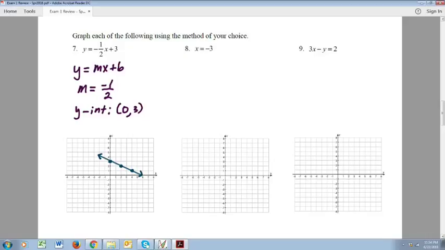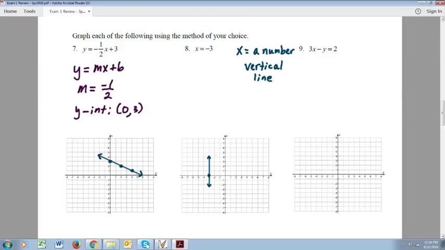Number 8 is one of our special cases. x equals a number is always a vertical line. If we had y equals a number, that would be a horizontal line. So the way I usually do these is I go to where x is equal to negative 3, and I draw a vertical line.